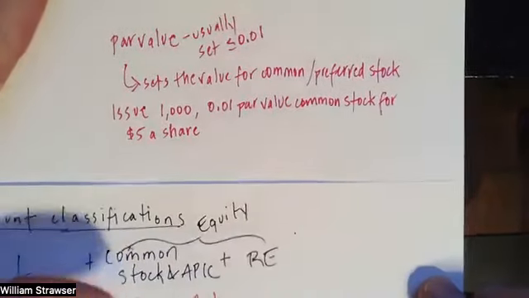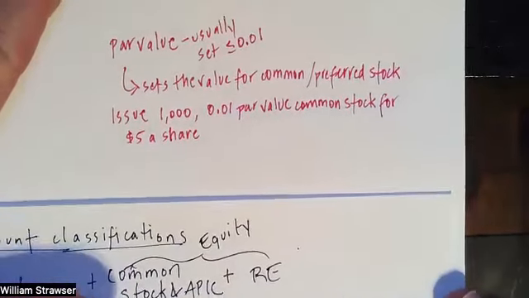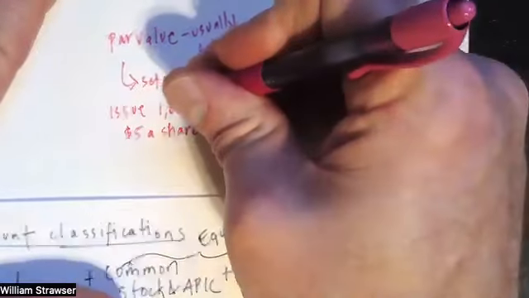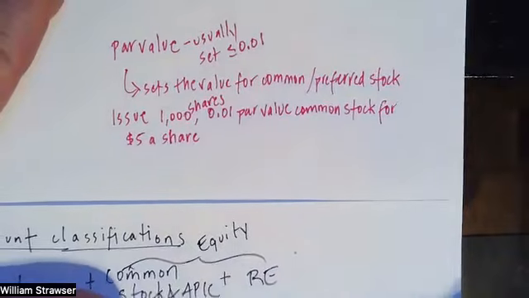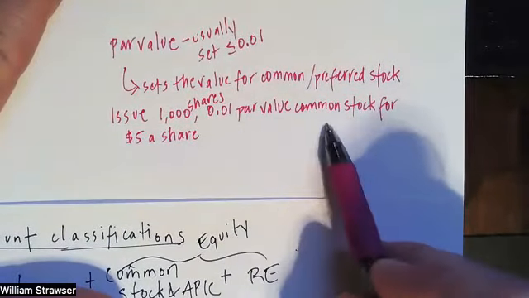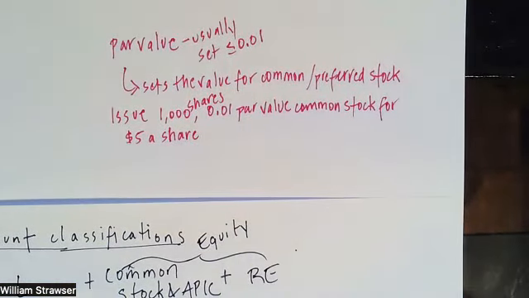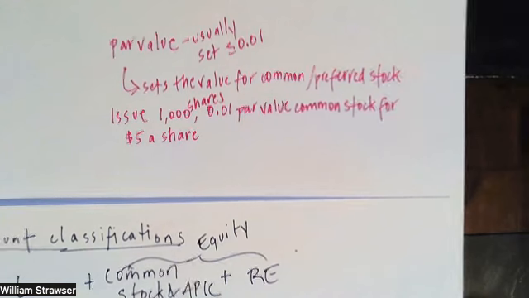So we have a public offering. We offer 1,000 shares of stock with a 1 cent par value, and we're getting $5 per share from that.